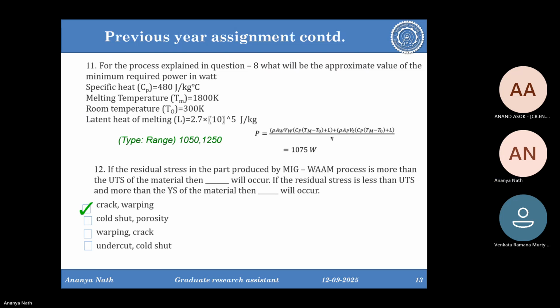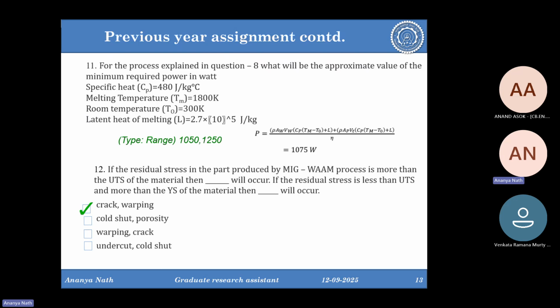If the residual stress in the part is more than the UTS, the ultimate tensile strength, then a crack will happen, because the residual stress is so high that when you apply the load, crack initiation will start from the residual stress and cracking will happen.